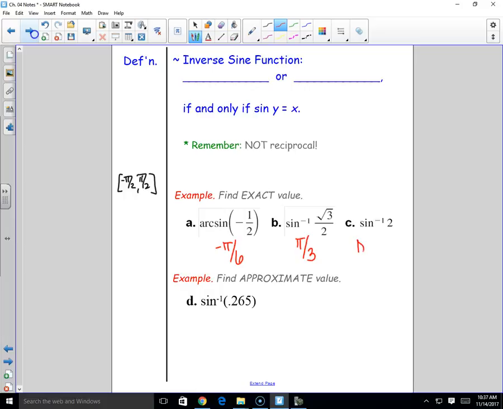Never. Why? Does sine ever go up to 2? No. The unit circle only goes out to 1. Would you be able to find this one in your head? No. You use your calculator then. There you go. So, kiddos, is the unit circle still going to be important? Yes.